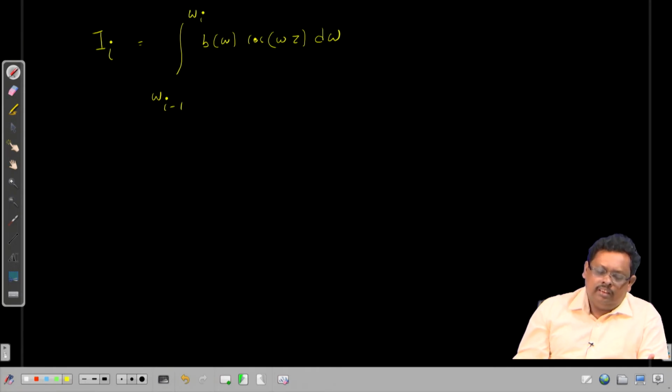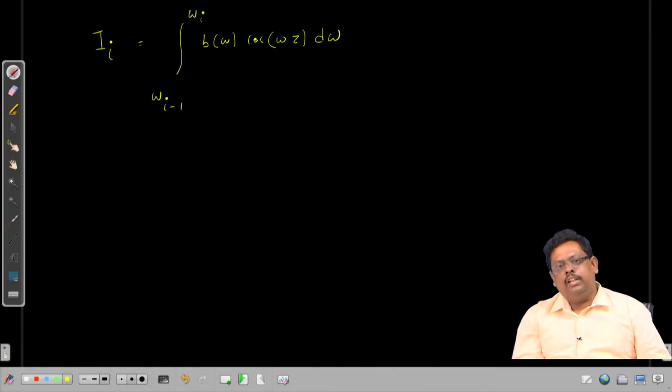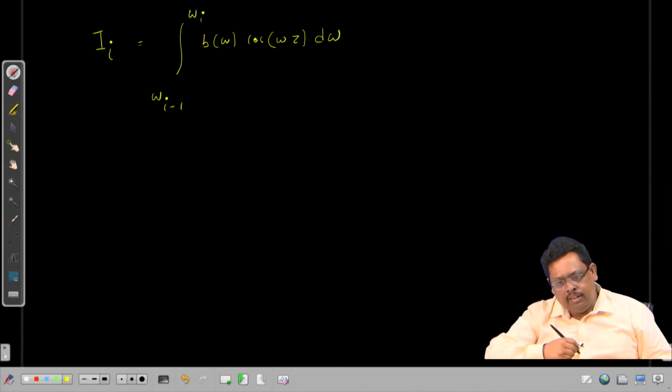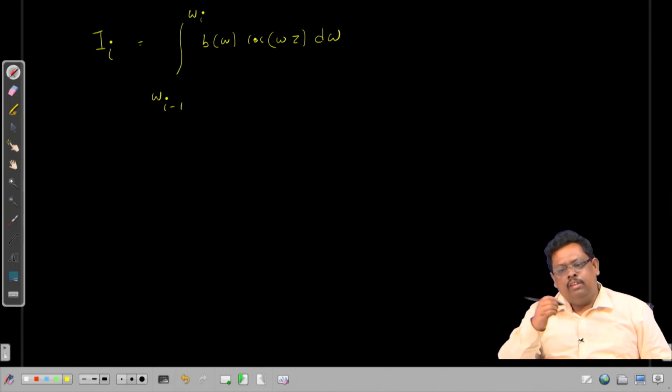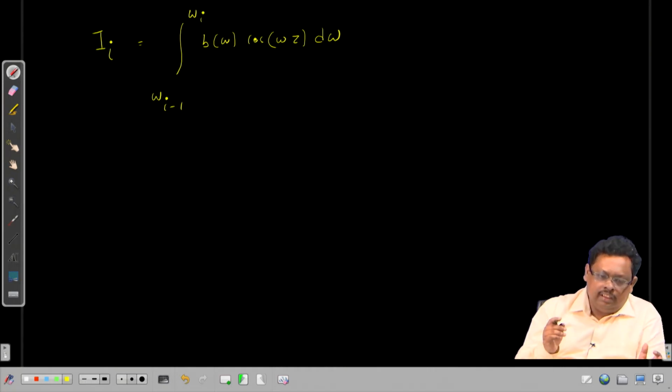If b(omega) is a quadratic function between two points, you can take a bigger patch so you can take care of the curvature of b(omega), but then the expression becomes a little more complex.